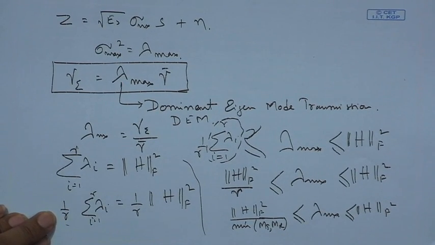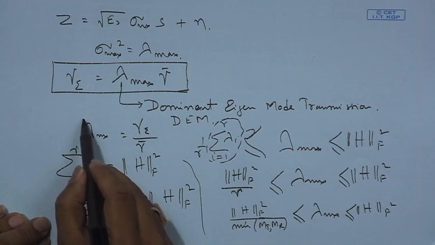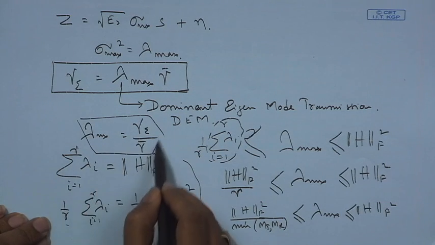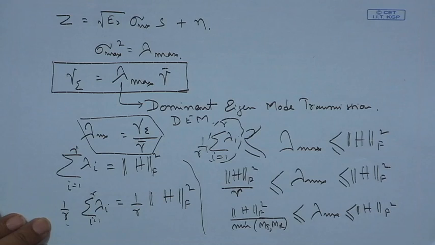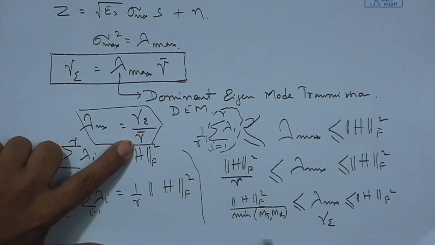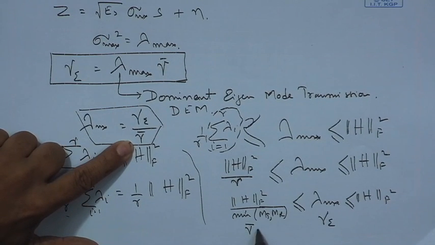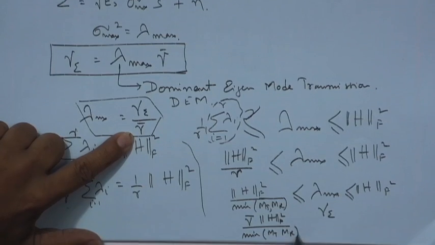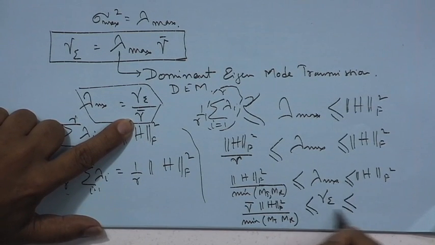And we have already seen from this expression, we could write this as gamma sigma divided by gamma bar. So gamma bar can go on either side, and we would have gamma bar times the Frobenius norm of H squared by the minimum of MT, MR.